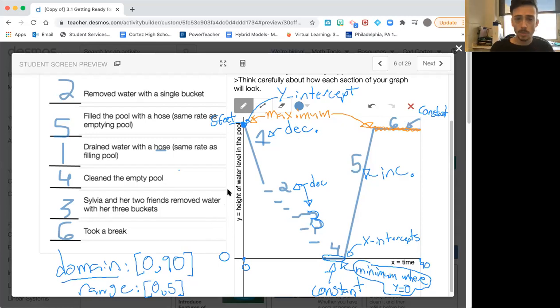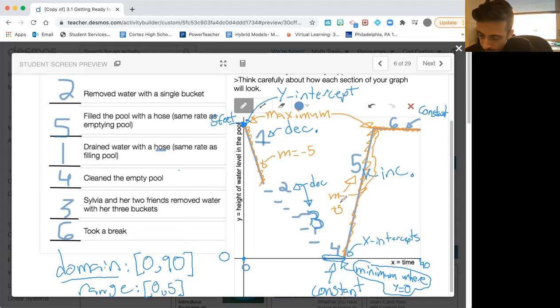The rate of change, hopefully, again, we saw that the steepness on this line is the steepness for this line, even though one's going down, one's going up. Like this might be a slope of -5, and this may be a slope of +5, but the same kind of steepness, you know? That's about it.